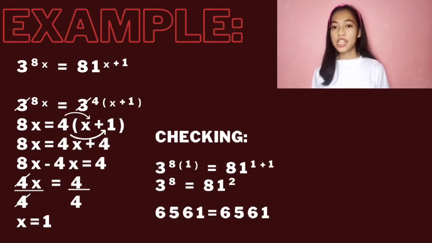Next, cancel the base, which is 3, then rewrite the exponents, and it will become 8x equals 4 times x plus 1.